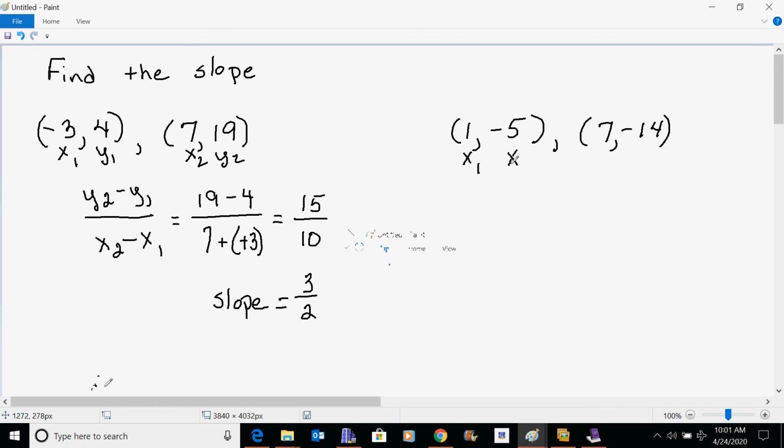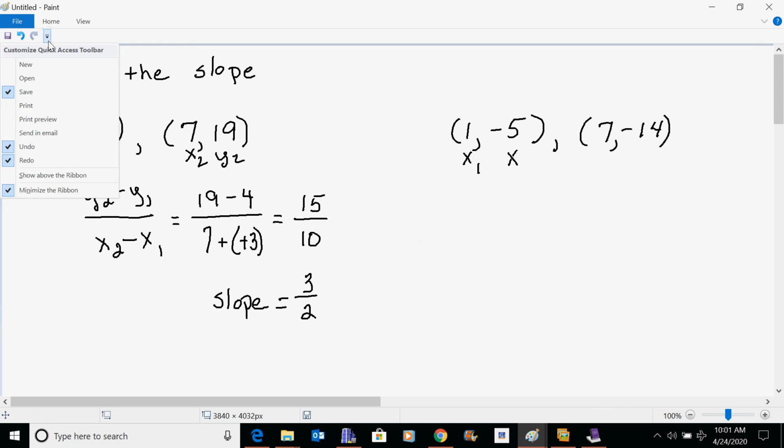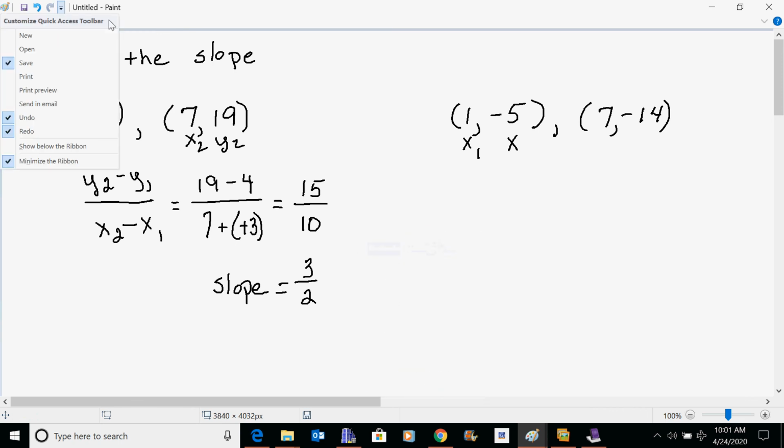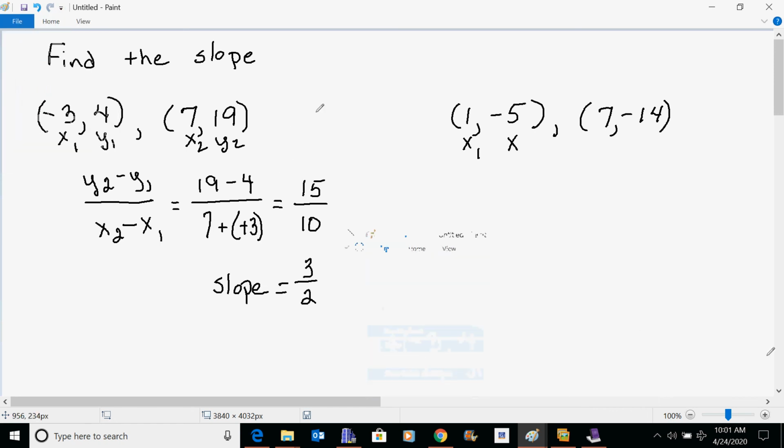x1, oops, never put two x's together. That's important. I actually need to see this. Never ever put the x here, so we need to change it.